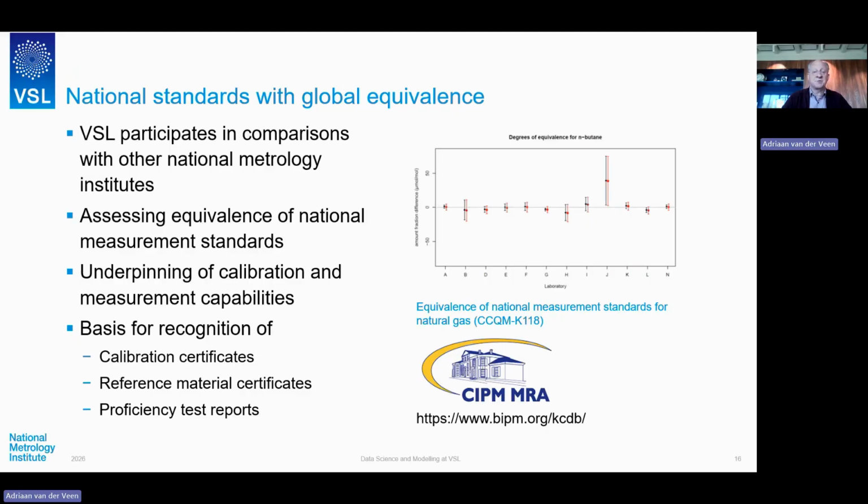And of course, the participation in these comparisons we do to underpin our calibration and measurement capabilities. Data science and modeling plays an important role when we are the coordinator of a key comparison. We do often the modeling, sometimes also the data processing, and help the coordinator with the interpretation of the data.